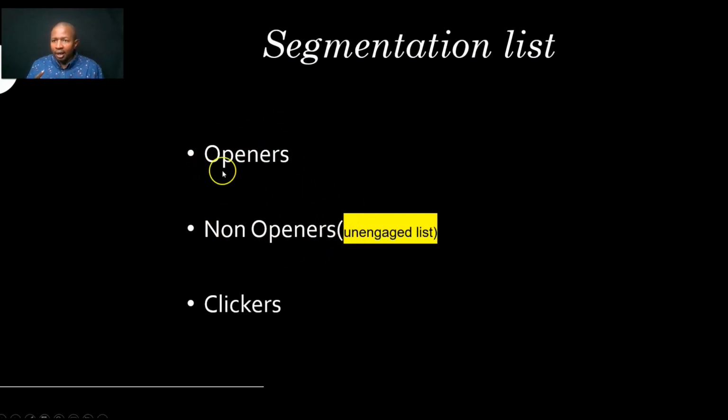Later you can add another list for people who are clicking. When I say segmentation, I'm talking about the autoresponder. When people land on your opt-in page, they put in their email information in exchange for whatever you are promising, and they go to your offer email list.